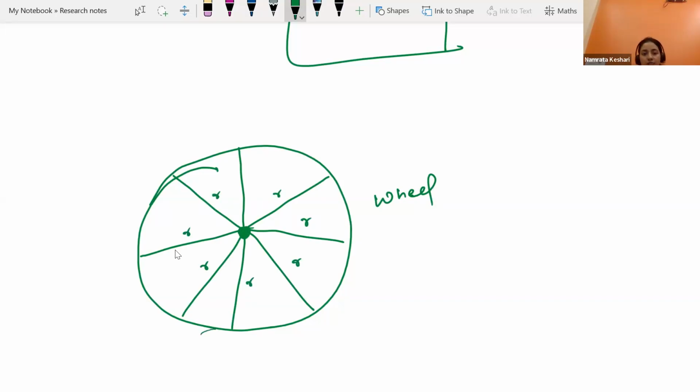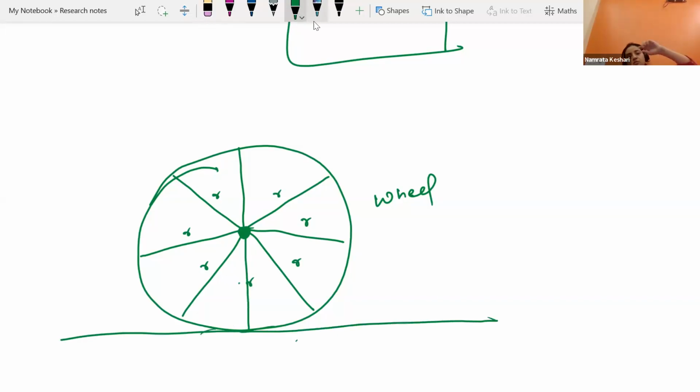Now suppose this is the ground. When the wheel will move on the ground, can we say it looks like a tangent? Yes.